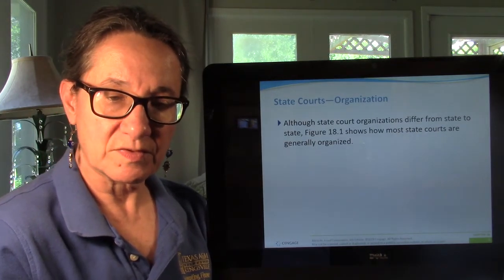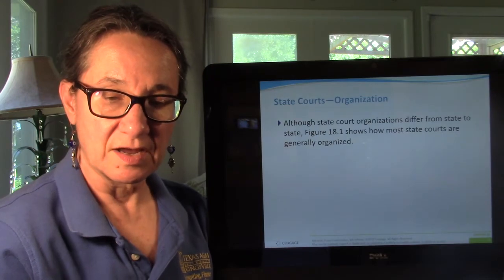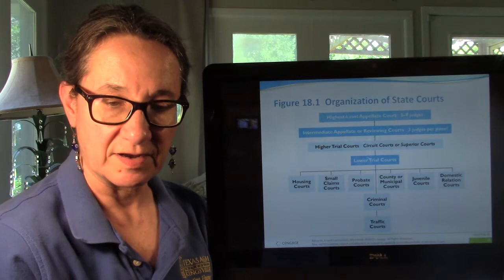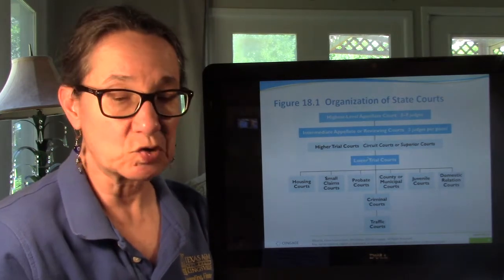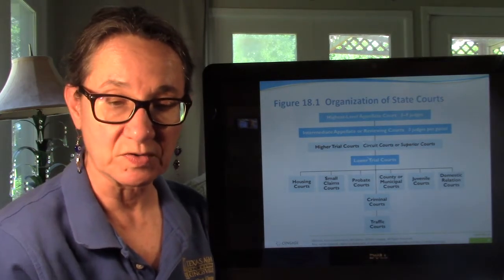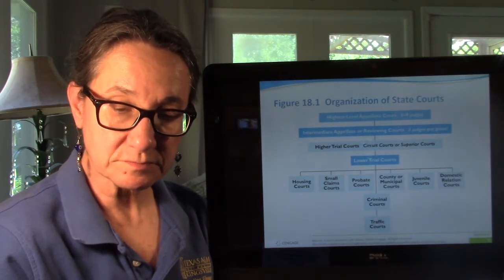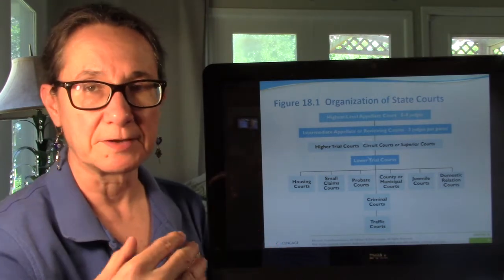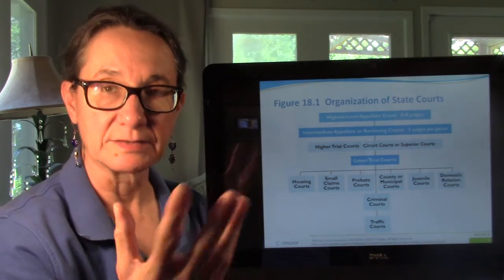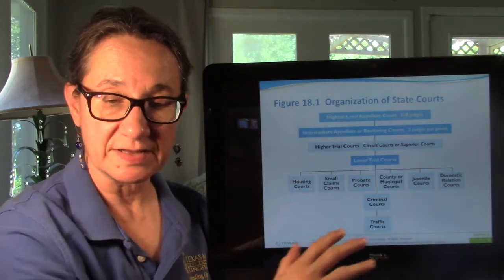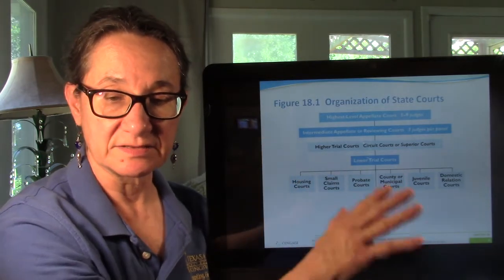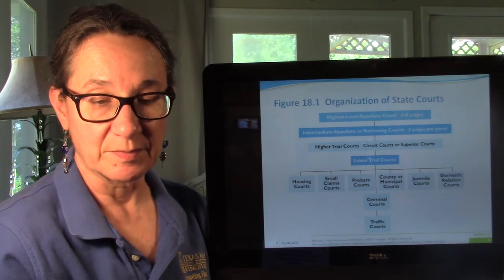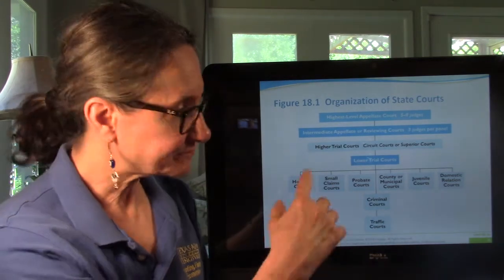So state courts differ, but here's kind of a general idea, right? So there's traffic court, criminal court, so your lower courts, domestic relations, so obviously getting a divorce, adopting a kid, right? So a lot of these things are going to take place in the courts. County or municipal courts, probate courts, small claims, housing, lower courts.